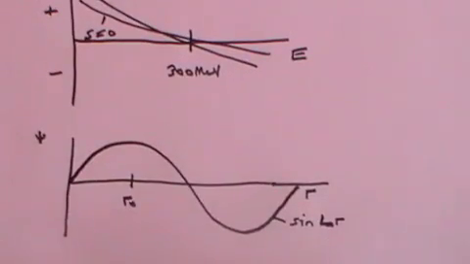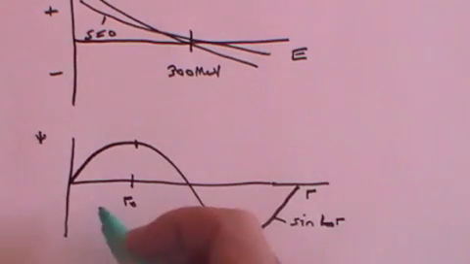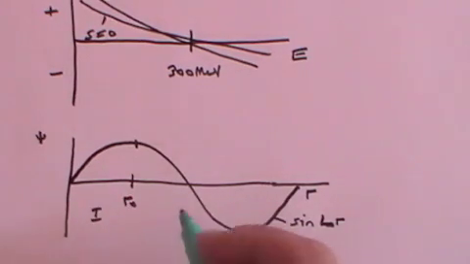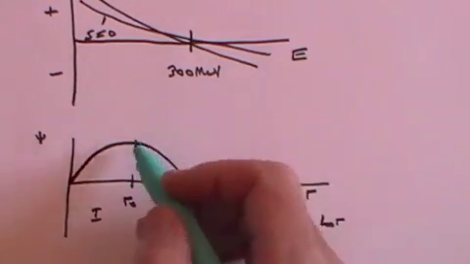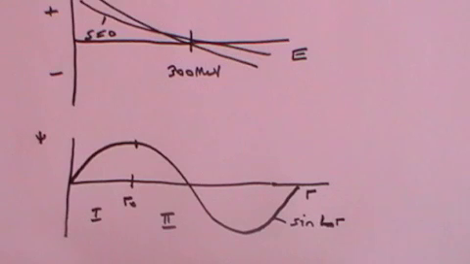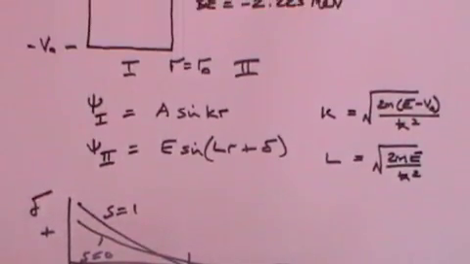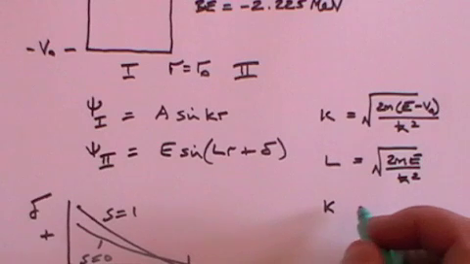So actually, although I've drawn it in region 1, because this is region 1, obviously less than R0, and region 2 is greater than R0, this bit of it shouldn't actually be there, because that wave function doesn't exist inside region 1. So in a sense, blot that from your mind. Now, what I want to persuade you is that K is greater than L.